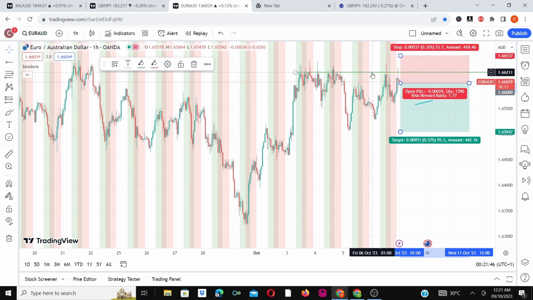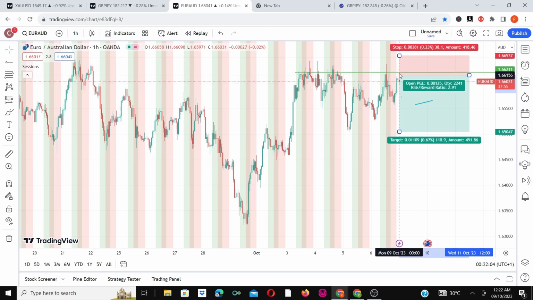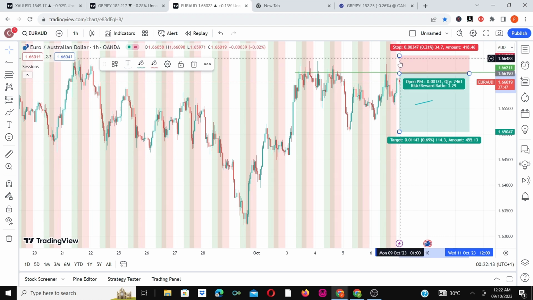Just make sure you know how much you are ready to lose if the trade goes against you, and make sure you use the perfect lot size to get to the perfect dollar number for your risk, so you don't risk more than you intended to, and you don't blow your account before you know it.